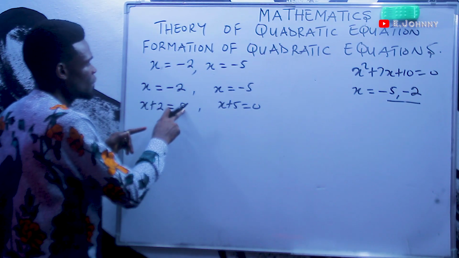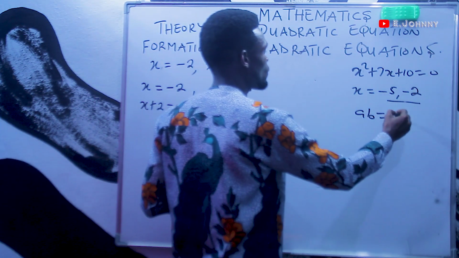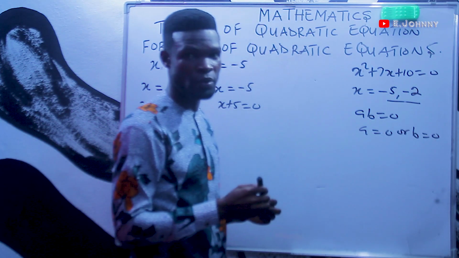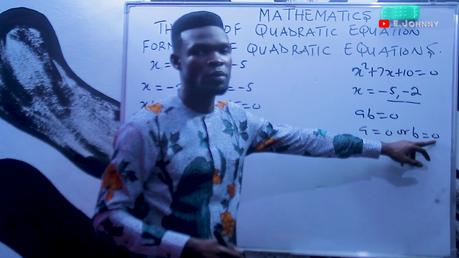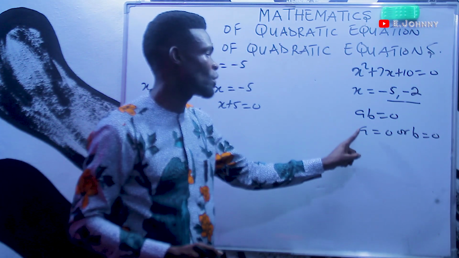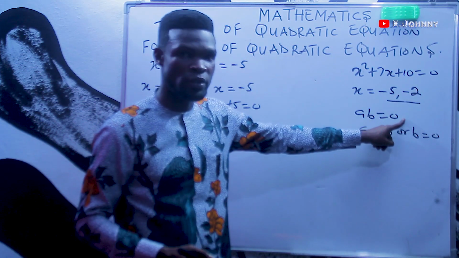Now, if this is equals to 0, remember that if we have a times b equals to 0, then a is equals to 0 or b equals to 0. So now that a is equals to 0 and b is 0, it means that I can multiply a and b, which was equals to 0.